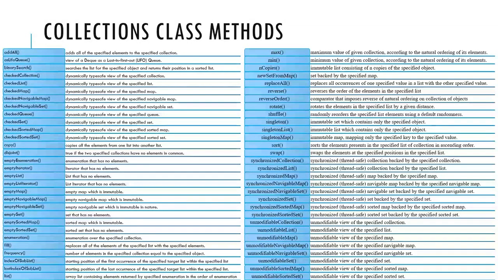They can be specific, frequently used operations like addAll, copy, fill, replace, shuffle, and so on. It can be algorithms such as binary search, sort and so on, or getting minimums, getting maximums, and so on.